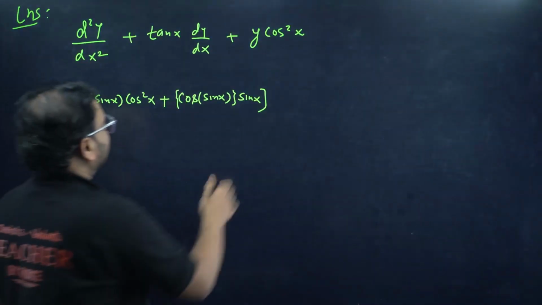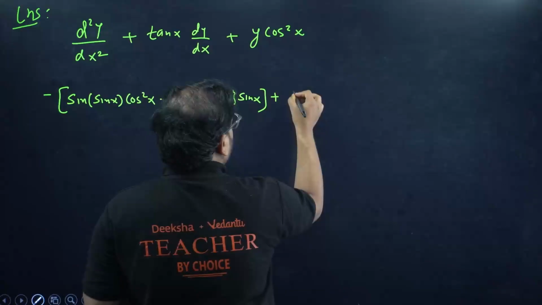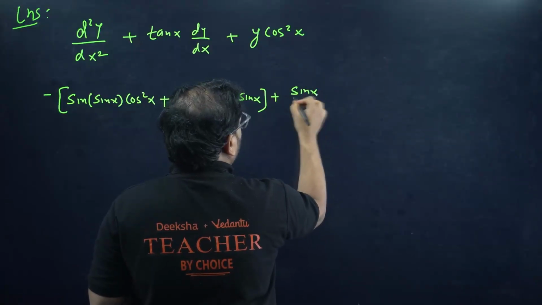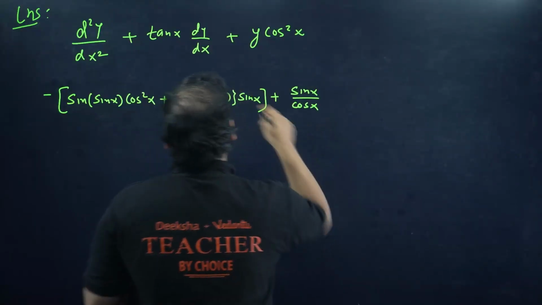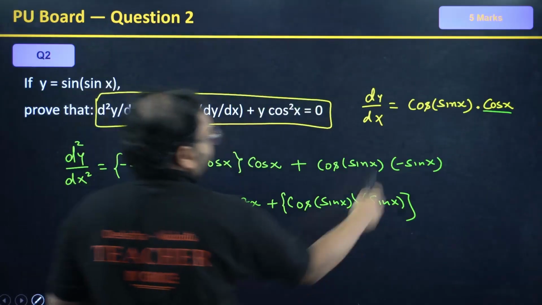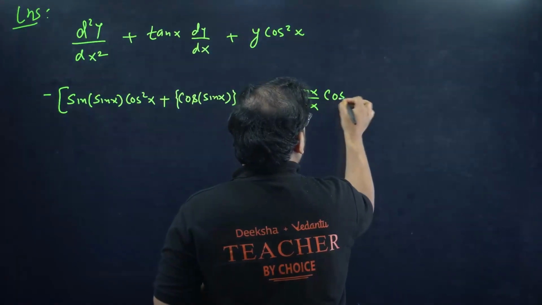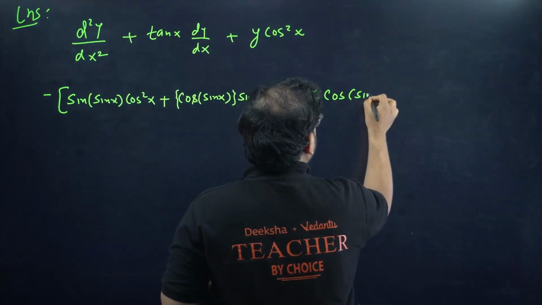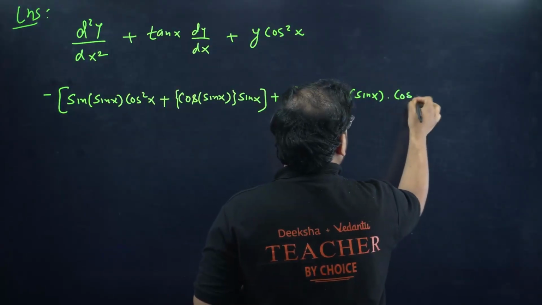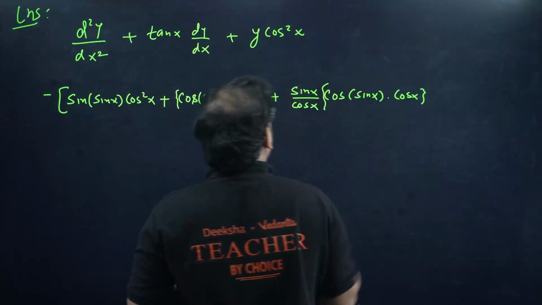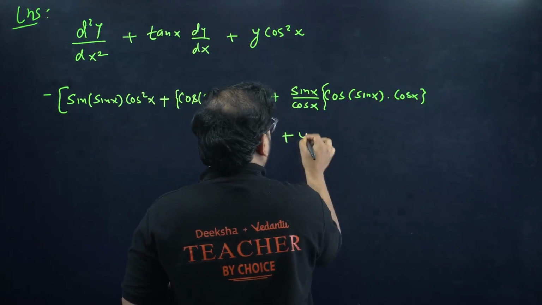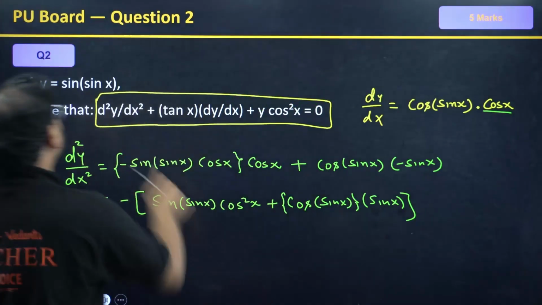Now next is what? Tan x. Tan x becomes sin x by cos x. The value of dy by dx is cos of sin x into cos x. And plus y. What is the value of y? Sine of sin x.